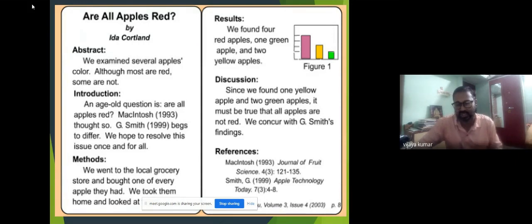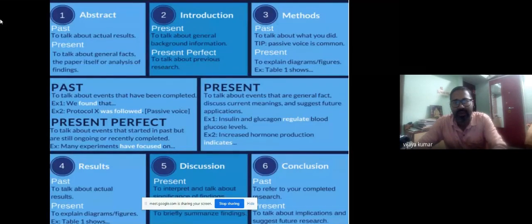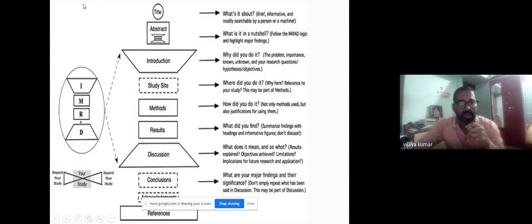In my introduction, let me actually go to that particular slide. In my introduction, I will just tell them the problem, the importance of the problem, what is known about the problem, what is unknown about the problem, and the research question.